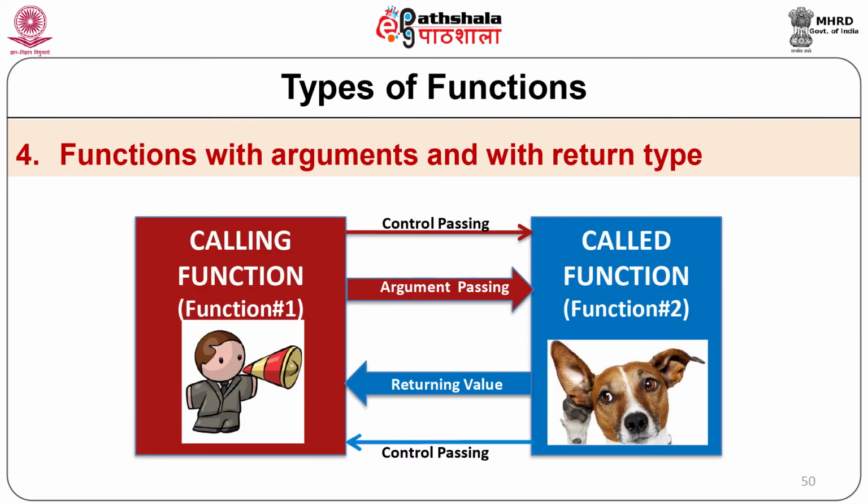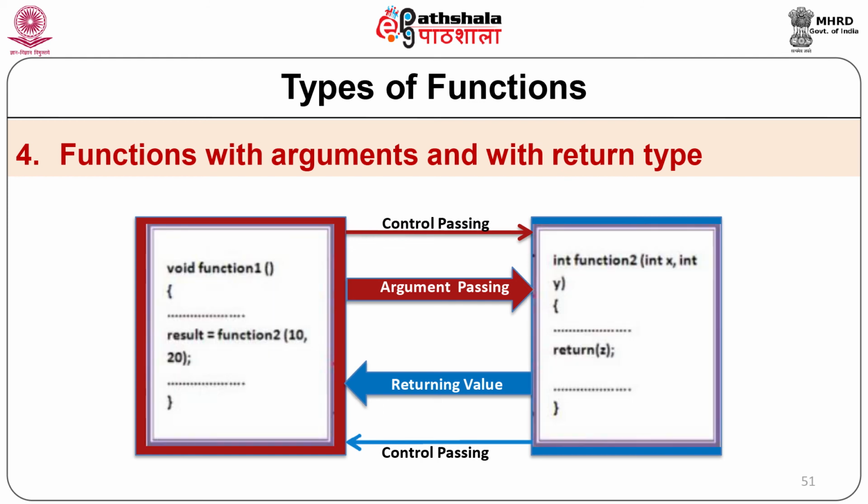You can see the block diagram. Calling function, that is function number 1, passes argument to called function, that is function 2, and the called function returns some value. In the picture you can see the dog is responding to the man. After returning value, it passes control back to the calling function.